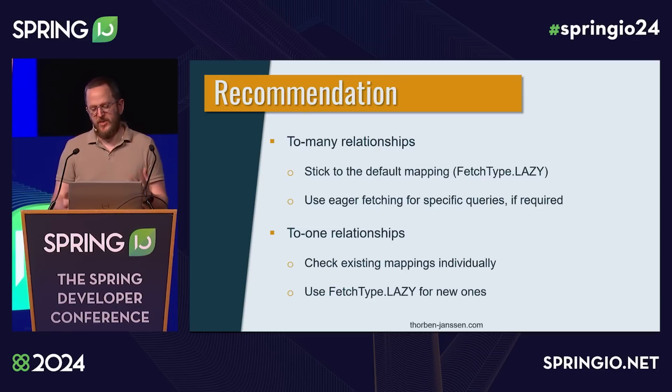So there I would recommend, if you run into a performance issue and you see there are many eagerly fetched to-one associations, then change it to lazy, because then you have a reason to test your business code and figure out if there are any resulting issues and handle them.